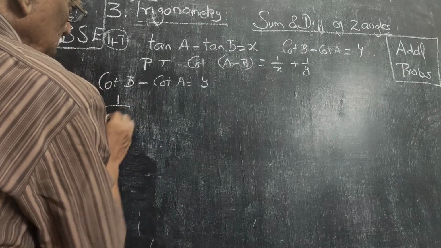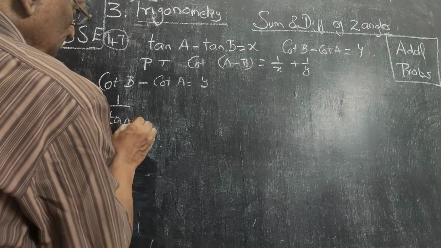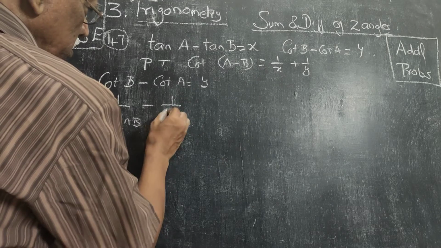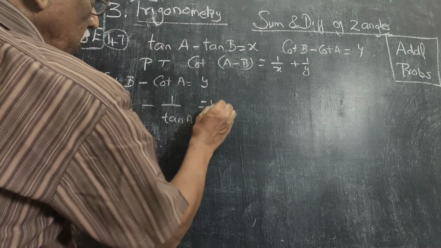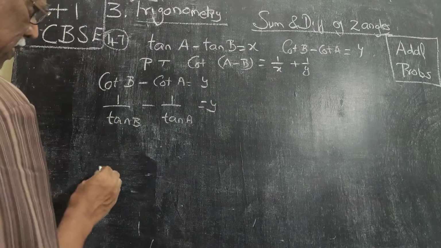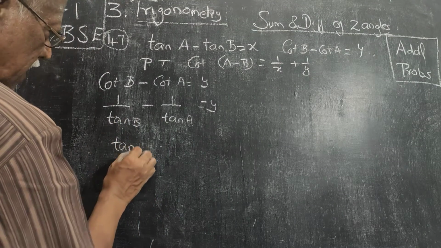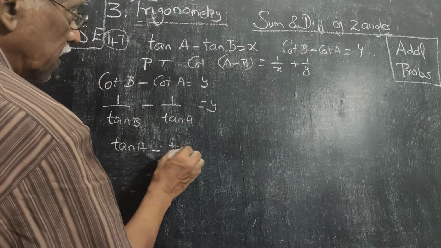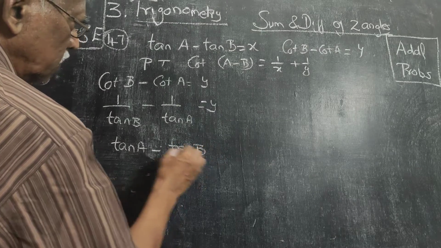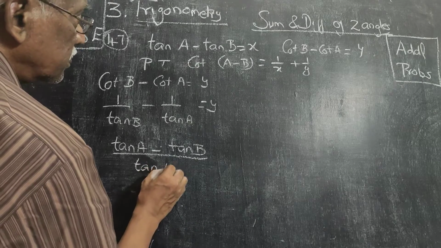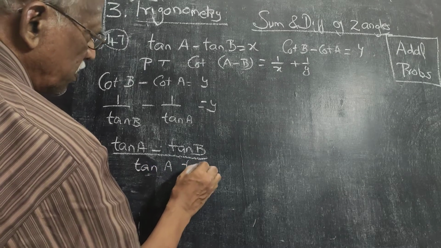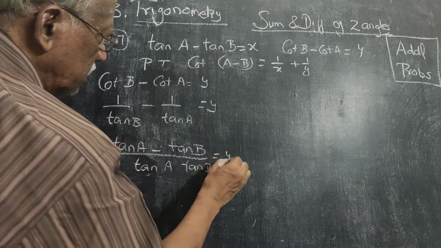Cot B is 1 by tan B, and cot A is the reciprocal of tan A. This is equal to y. Now taking LCM, this part is tan A minus tan B divided by tan A and tan B. This is your y.